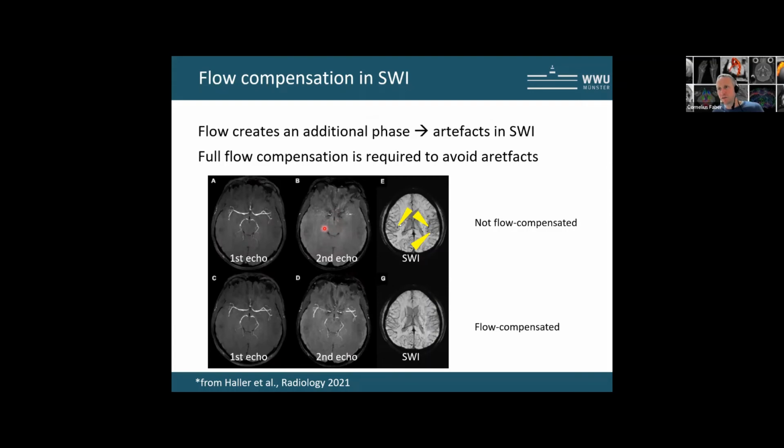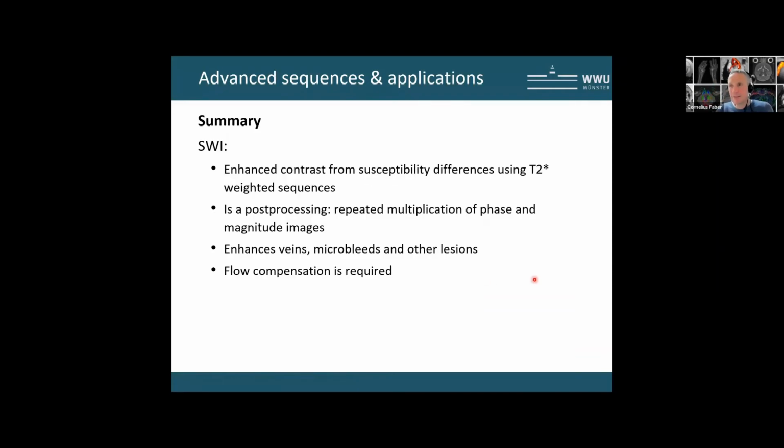This one is not fully flow compensated, so you see the flow is invisible. Here it's fully flow compensated. This is the SWI image where you can nicely see the veins. And if you look at this, it's the same patient, but without flow compensation, then these yellow arrows indicate some structures that are not in here. So these are artifacts due to the missing flow compensation.